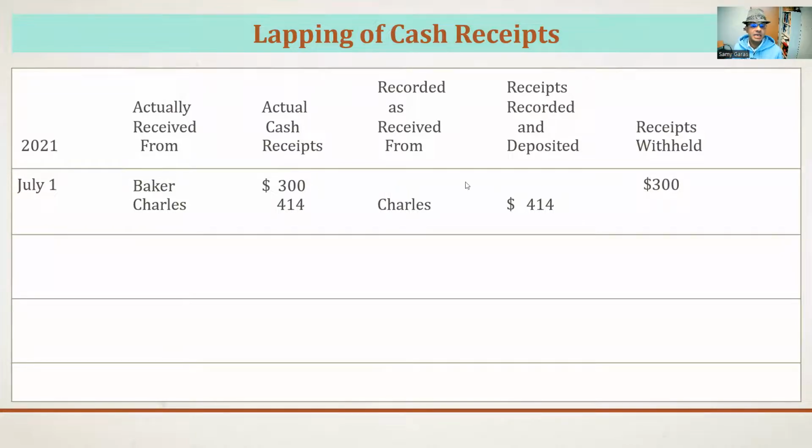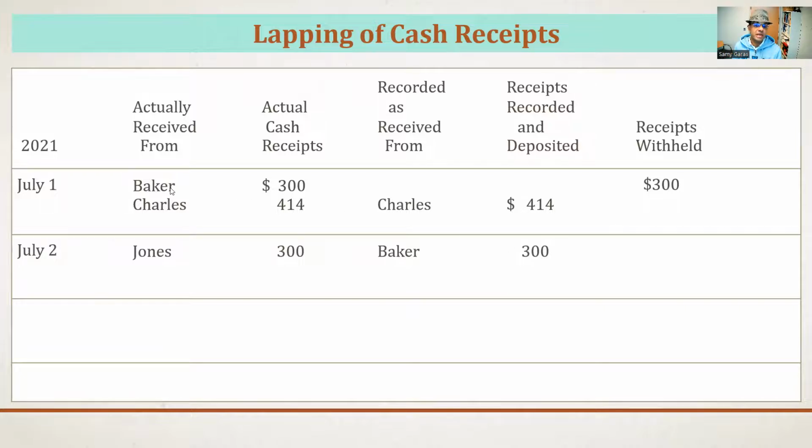So the lapping in cash didn't happen in Charles' account, it happens in Baker, where he took the 300, kept it in his pocket. Now on July 2nd, he collected 300 from Jones, but he recorded the amount from Jones as collection from Baker, 300.